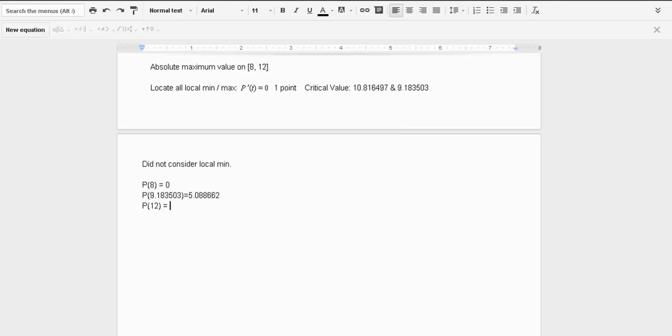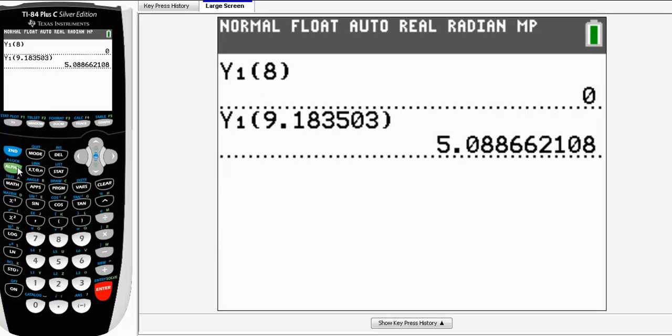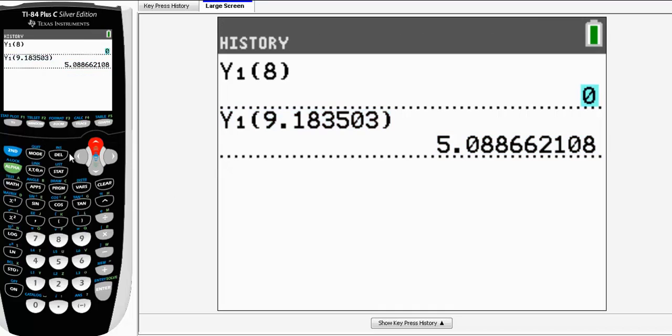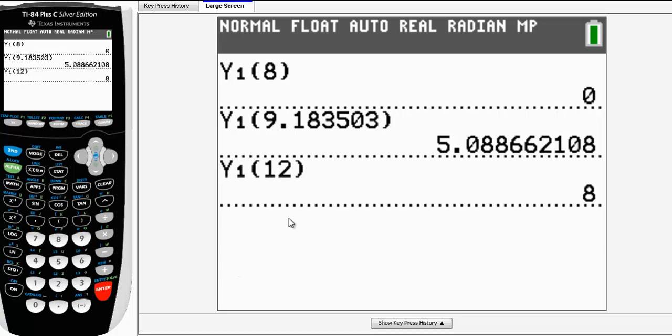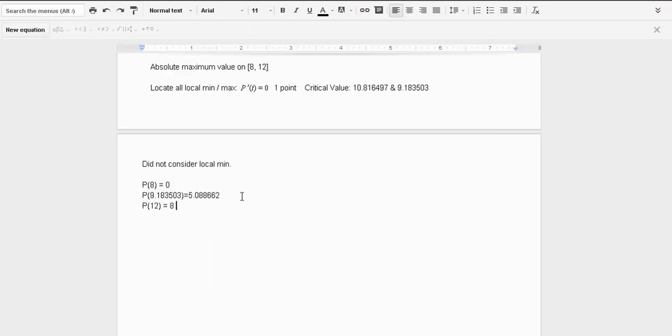Okay, and then our last endpoint is going to be 12. So what you can actually do instead of retyping, on your calculator you can go and highlight and copy, and then come here and change this to a 12 if you don't feel like going back and finding y1. So this is going to be 8. So clearly this is the absolute maximum, and which is what they were being asked for.